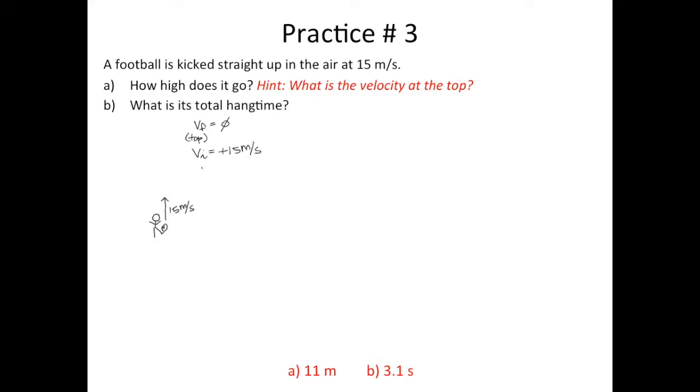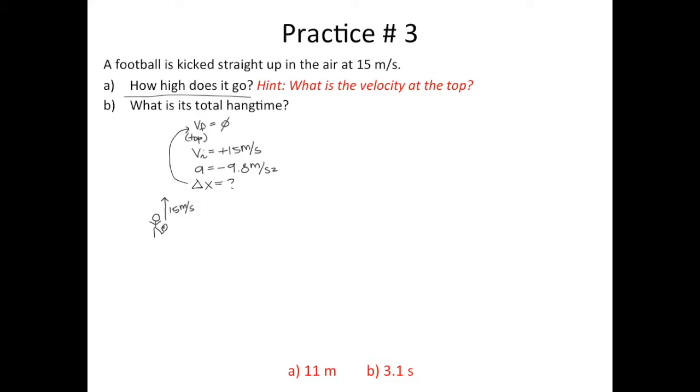It's in free fall, so the acceleration is negative 9.8 meters per second squared. And we want to know how high does it go. So in order to find that, we will find the delta x. So this will be delta x at the point when the final velocity is 0, which we know happens at the top of its flight.